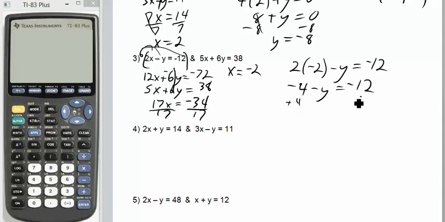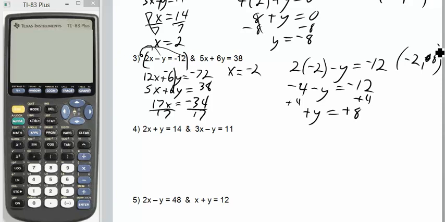Add 4 to both sides. Negative 8. Don't want negative y though, I want positive y, and I can change my sign as long as I change them all. So my answer is x equals negative 2 and positive 8. And of course you don't need to write the positive.